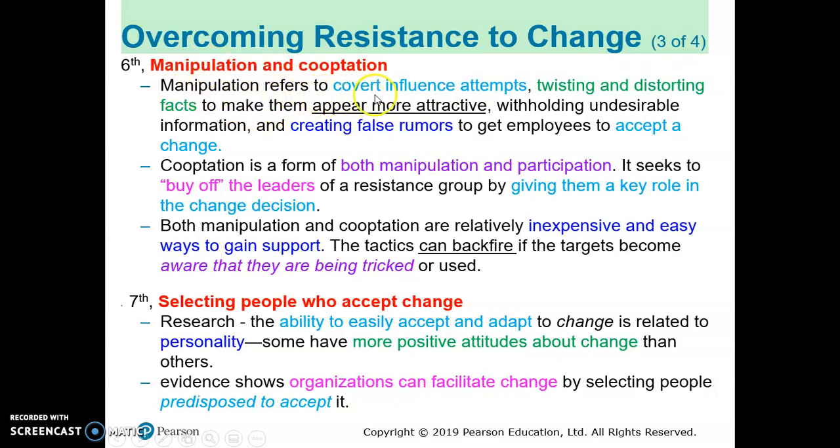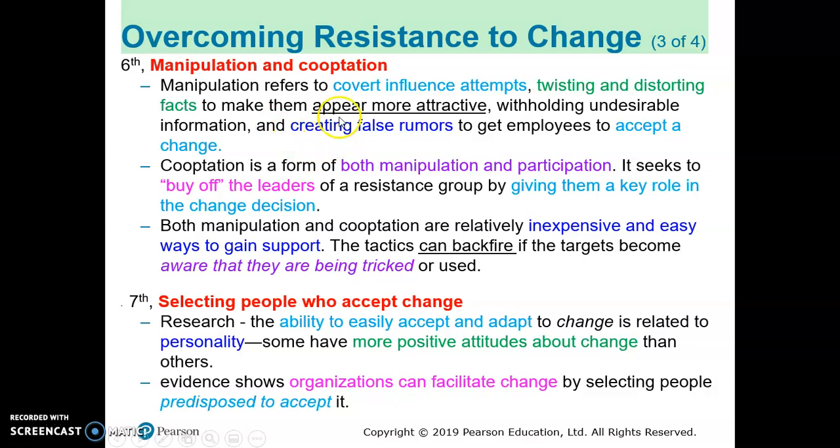Manipulation refers to a covert influence attempt, twisting and distorting facts, so manipulating information by twisting and distorting facts to make them appear more attractive. You manipulate the situation, you manipulate the facts so that they look more attractive. And you withhold undesirable information. That means you do not reveal information that is considered undesirable to the employees.